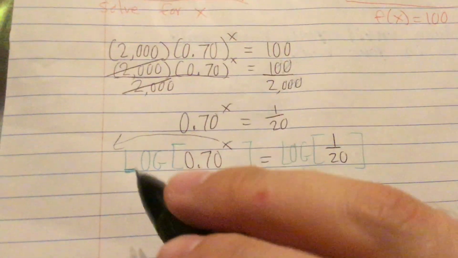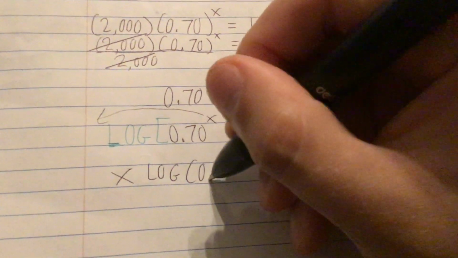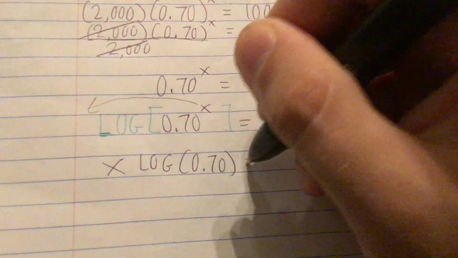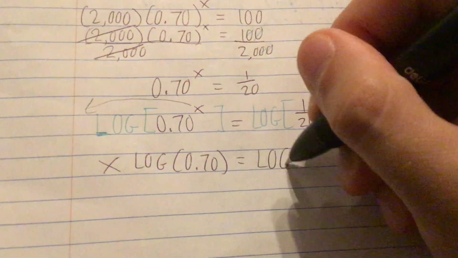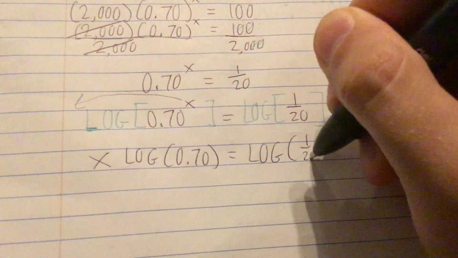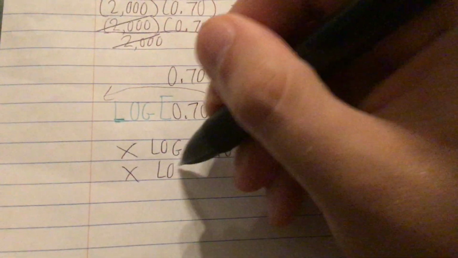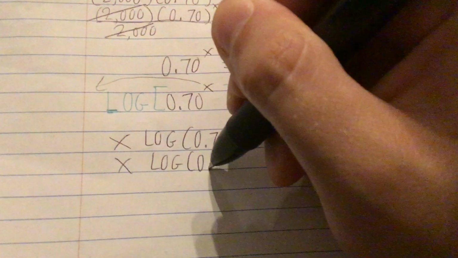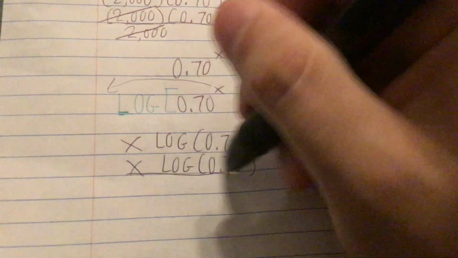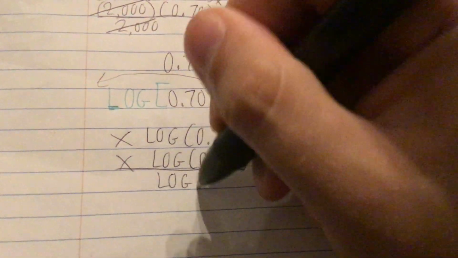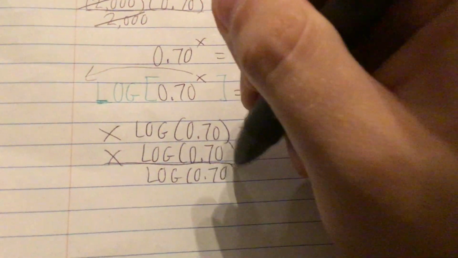And I'm going to factor that exponent to the front, leaving me with x log of 0.70 is equal to log of 1/20th. And now to solve for x, I'm going to divide both sides by log of 0.7.